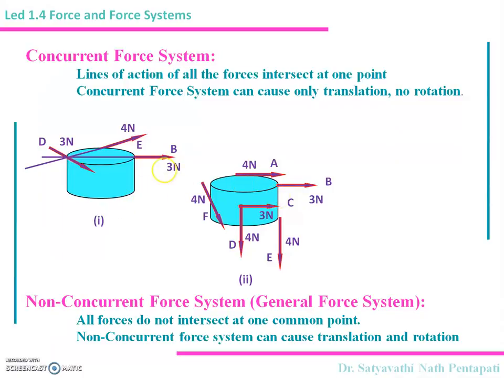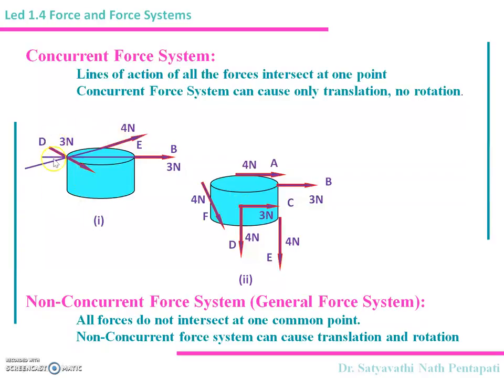One peculiar observation is, in a concurrent force system, there is only the possibility of translation. There is no chance of rotation. But in non-concurrent force systems, there is a chance of translation and rotation also.